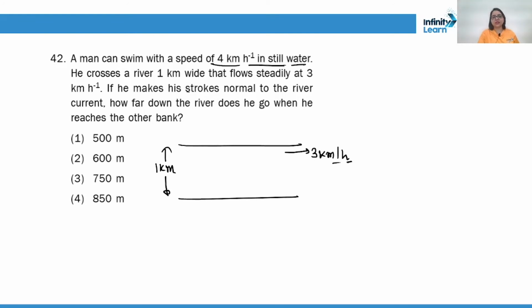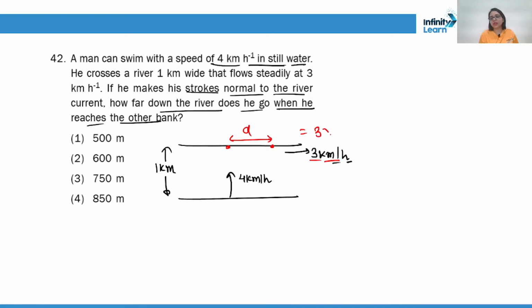If he makes his strokes normal to the river current, so he starts moving in this direction, how far down the river does he go when he reaches the other bank? So basically 4 km per hour will help this man to cross this river, but 3 km per hour will provide the drift. He should go here, but he is reaching here. So this is the drift produced by this 3 km per hour.